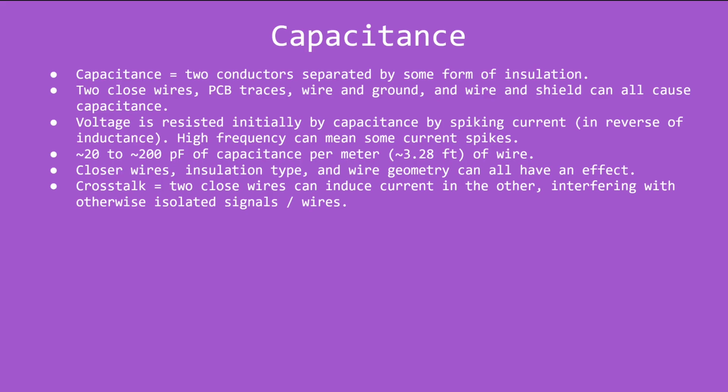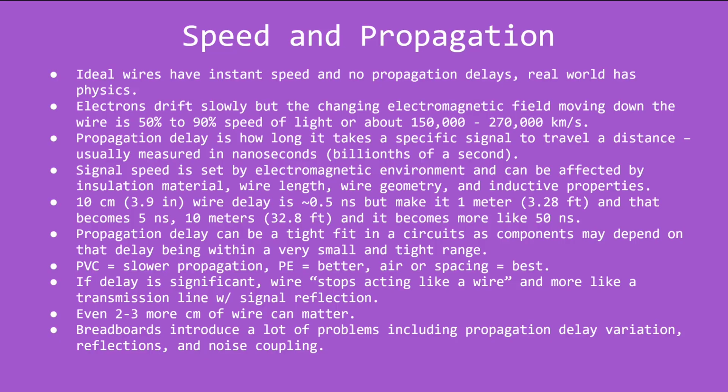You'll get about 20 to 200 picofarads of capacitance per meter, or 3.28 feet, of wire. Wires that are closer, insulation type, wire geometry and other factors can all have an effect on the capacitance. And then you have crosstalk. In this case, it's when two close wires can induce current in one another, interfering with signals that are otherwise isolated.